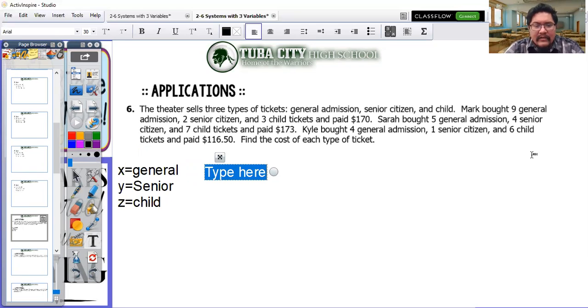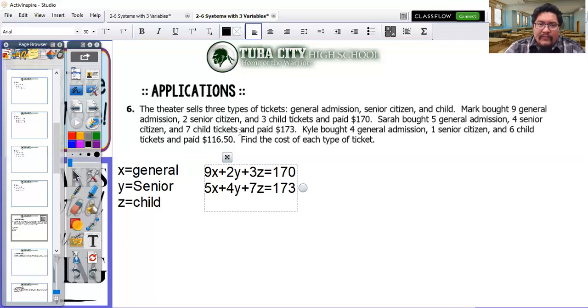He bought 9 general admission, 2 senior citizen, and 3 child tickets, and paid $170. That makes it really easy to find, and it even names a second person. So Sarah bought 5 general admission, 4 senior citizen, and 7 child tickets, and that was $173.